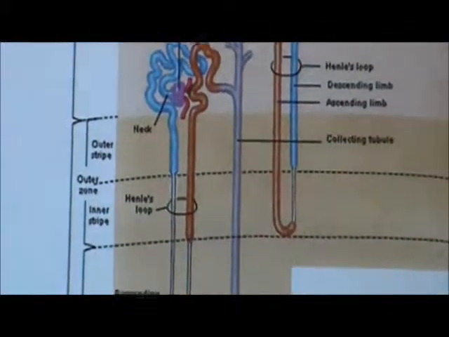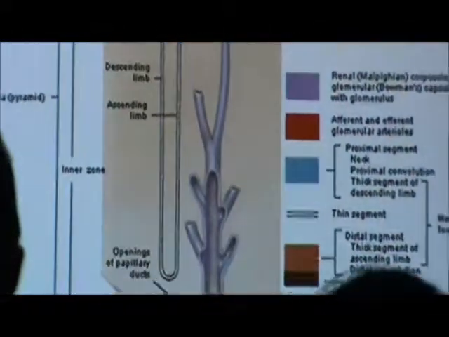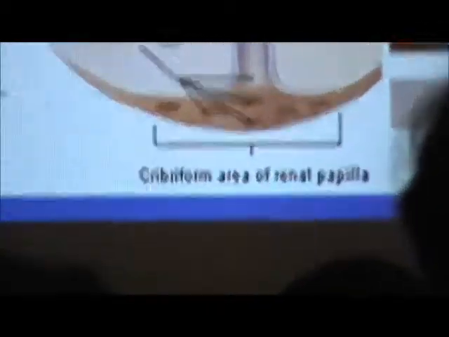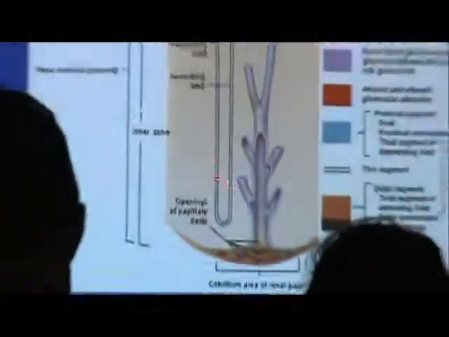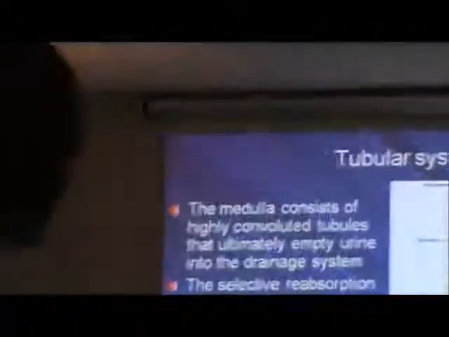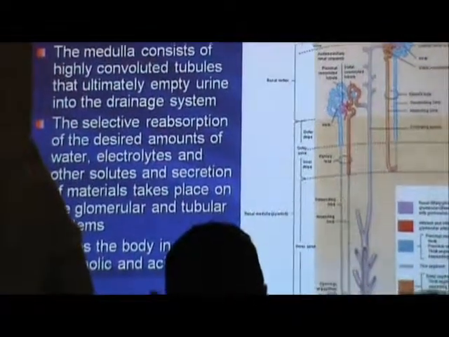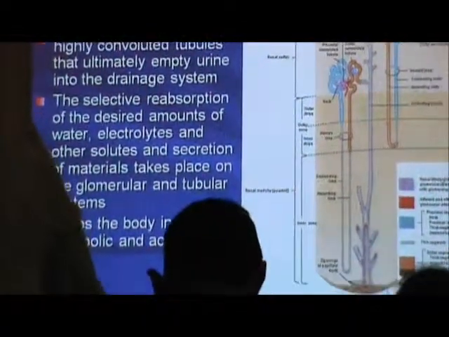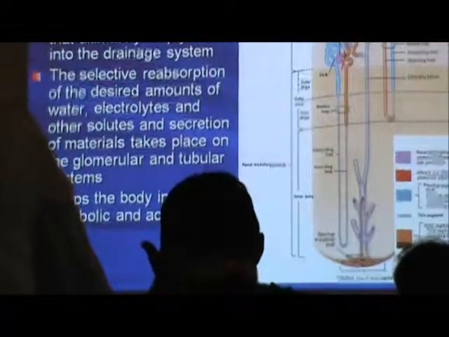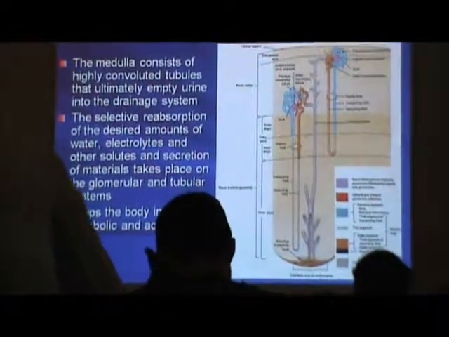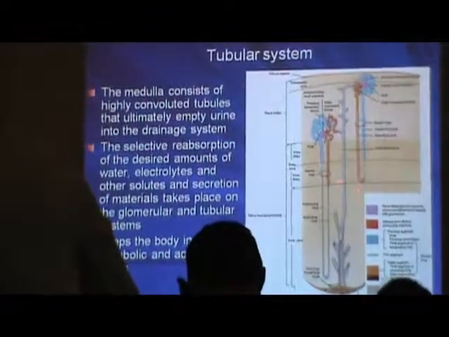Also, in the kidney, we have the tubular system. So, the medulla consists of highly convoluted tubules that ultimately empty urine into the drainage system. There is selective reabsorption of desired amounts of water and electrolytes, so it changes.